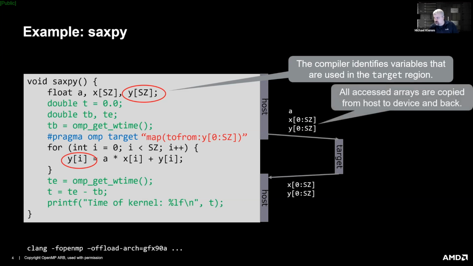So in total, next to the control flow transfer that I was mentioning before, we have the additional data flows of X, same thing as with Y. It's brought over before we launch the kernel, then we run the kernel, and then we bring both arrays back. The compiler will also do the same thing for scalars, except that it's treated like firstprivate. So that means instead of bringing the A back, we just destroy the buffer that contained that scalar variable.